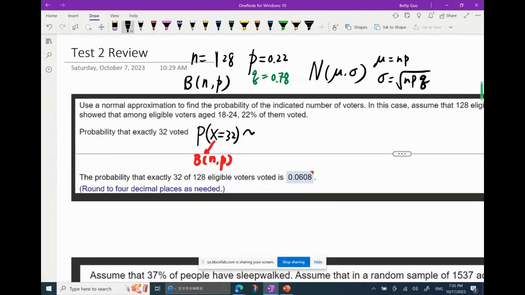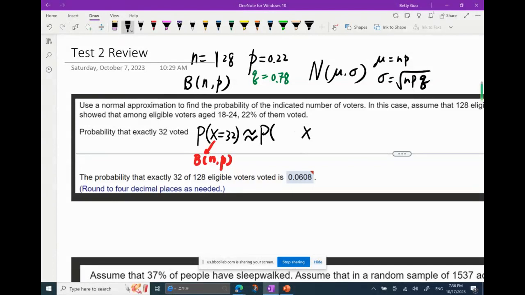But we are going to approximate using the normal distribution. So from binomial to normal, we need to go through a very important process called continuity correction, because binomial distribution is discrete and normal distribution is continuous. From discrete to continuous, we must do some adjustment. How do we do the adjustment?